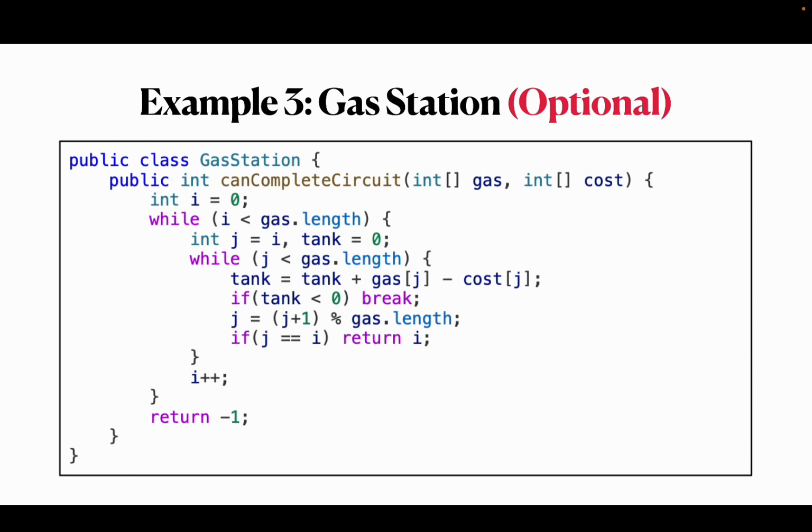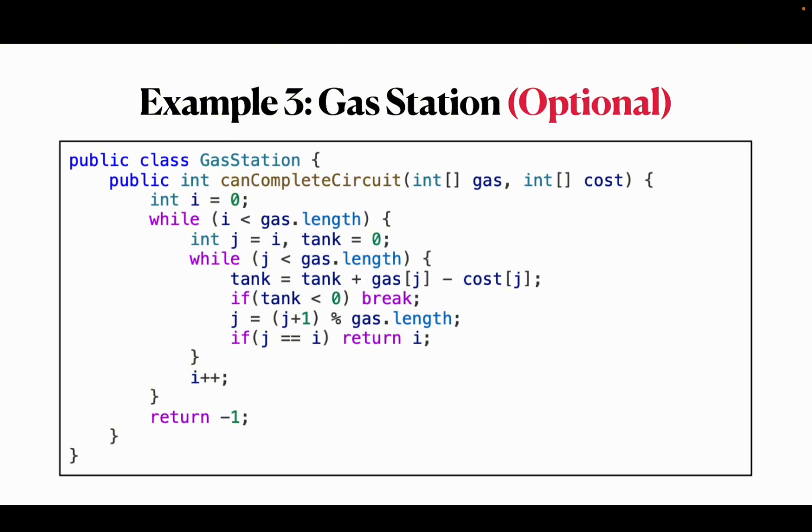As we previously mentioned, we create a pointer i and use an outer loop to traverse the gas array. So each possible i will be a candidate starting point. In the inner loop, we create another pointer called j starting from i, and initialize tank as 0.